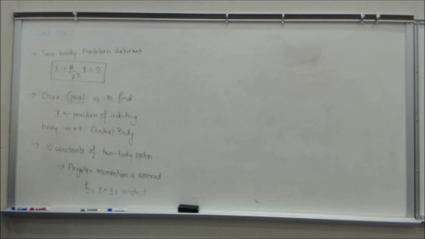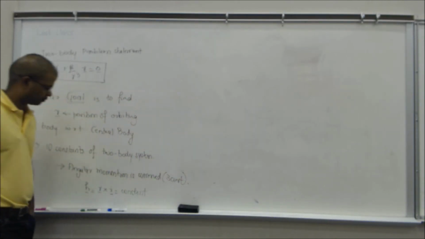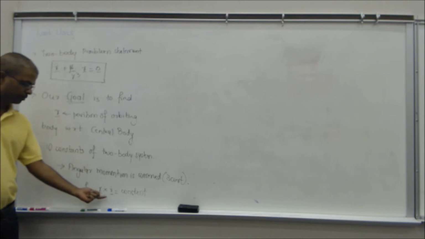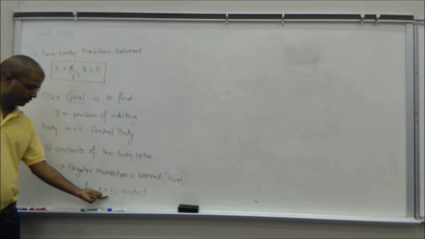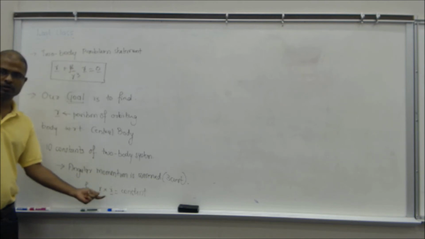So do you understand why this is 3 constants? H is a vector, so it's 3. If it's constant, it has to be 3 constants. Whenever you calculate this quantity at any position in the orbit, r cross v for a given two-body system, it's going to be constant.